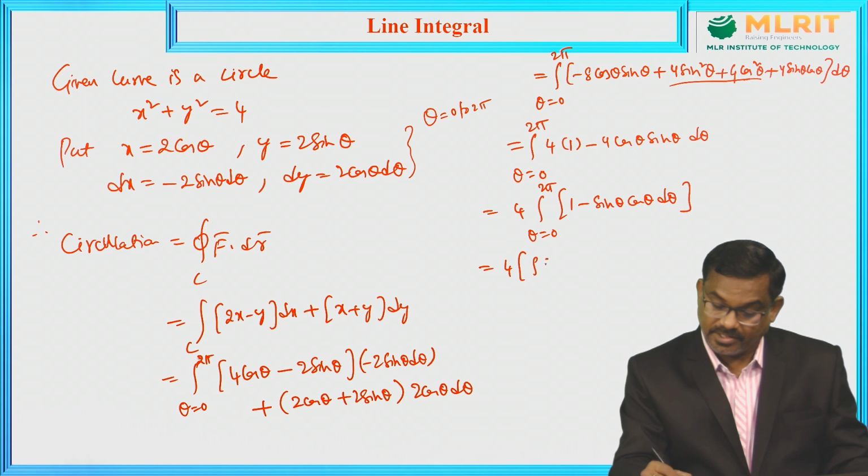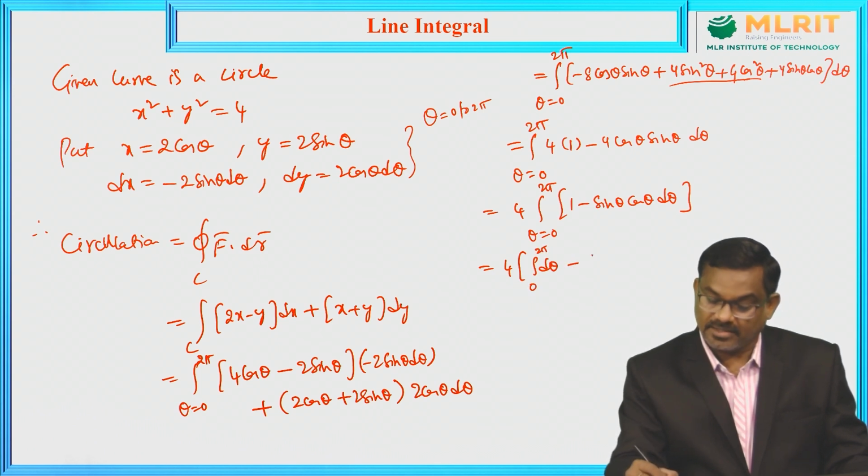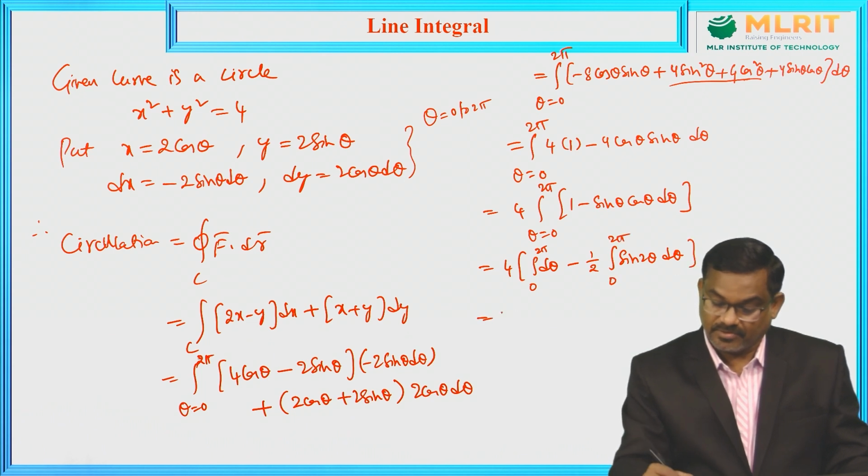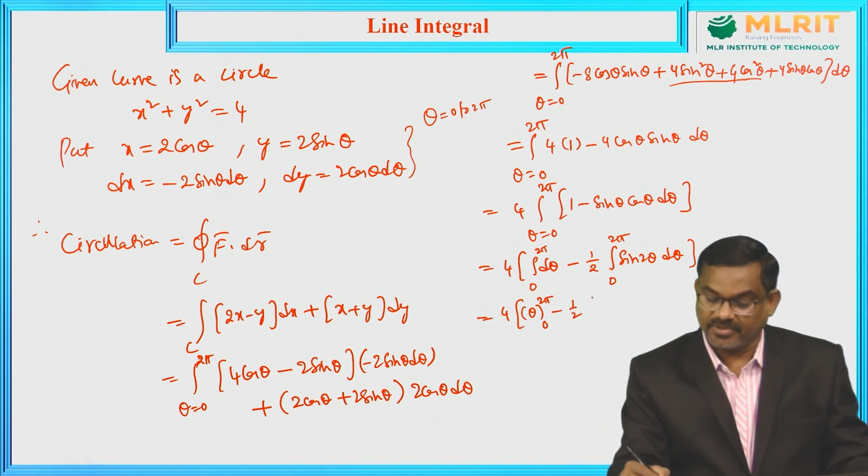4 into integral d theta 0 to 2 pi minus, let us multiply and divide with 2. Then 2 sin theta cos theta becomes sin 2 theta, where theta from 0 to 2 pi. So 4 into theta from 0 to 2 pi, minus half into integral of sine 2 theta, which is minus cos 2 theta divided by 2, 0 to 2 pi.